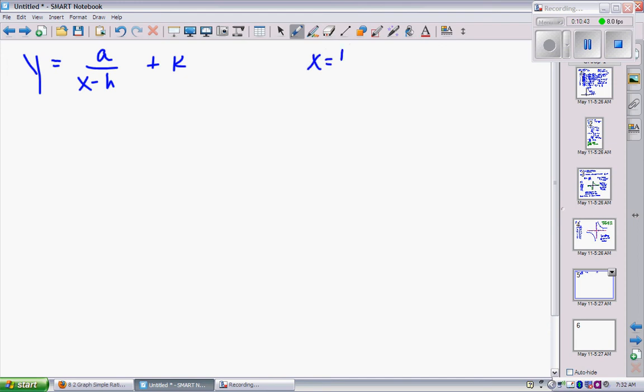X is going to be your h value, and y is your k. These are where your asymptotes are. This is your x asymptote, this is your y asymptote. You pull them out of here. Let's look at an example of this.